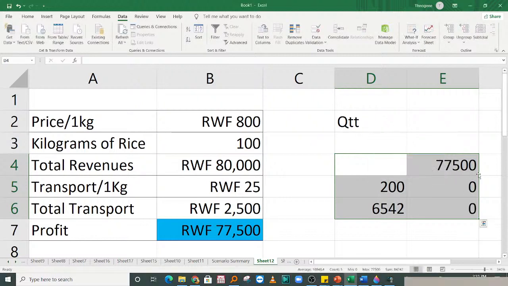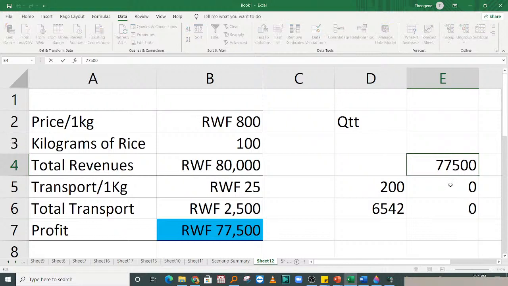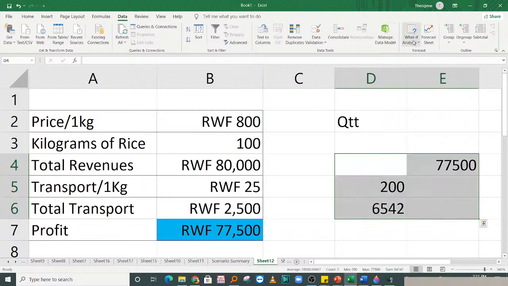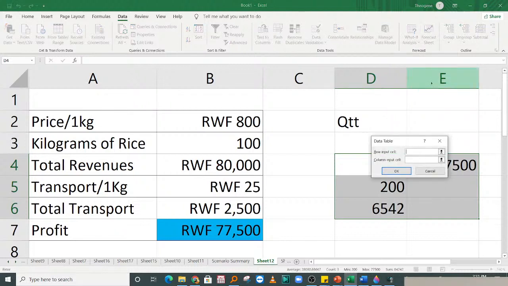Let's see, no, I don't have to change it like this. So let me repeat once again to obtain the data table. Actually, the main things are the scenario manager and the goal-seek. The data table is not used by many people, but it is also useful.